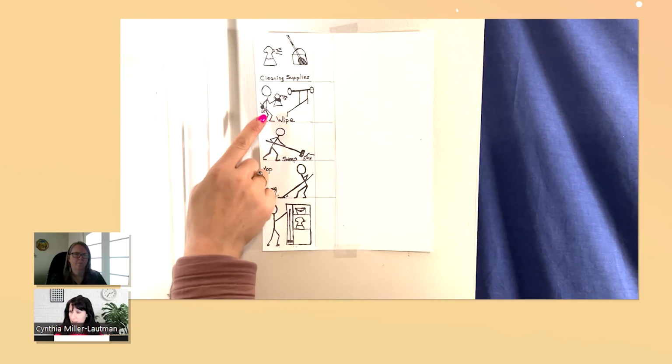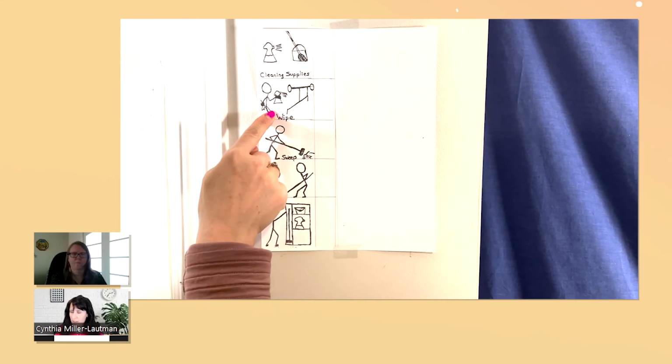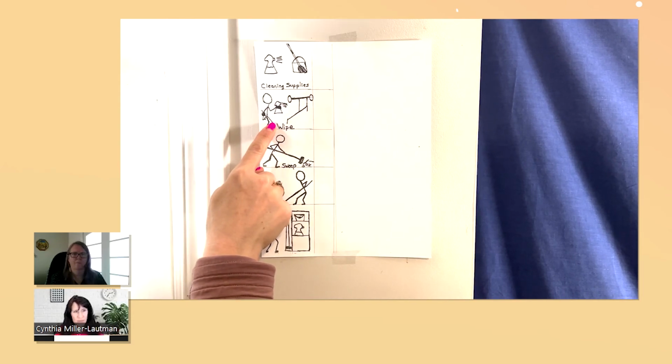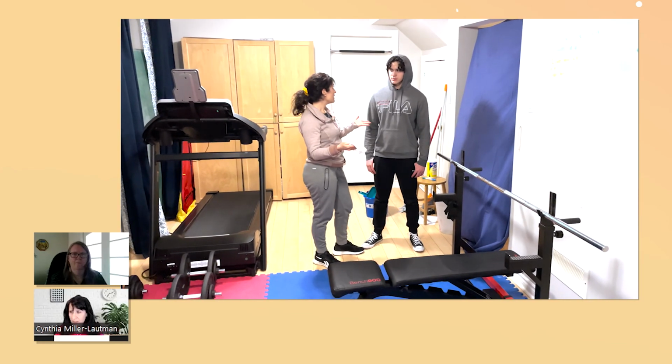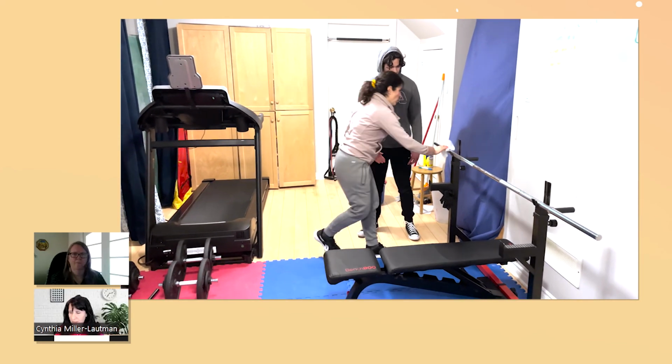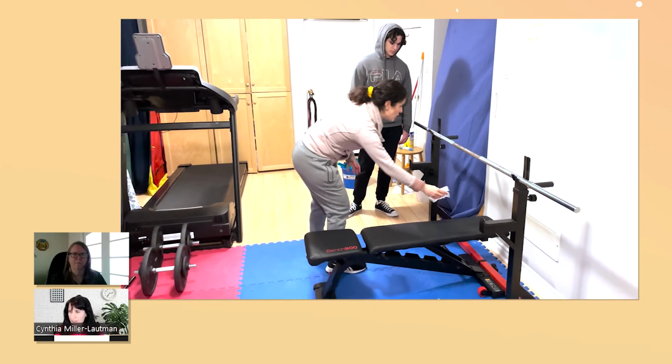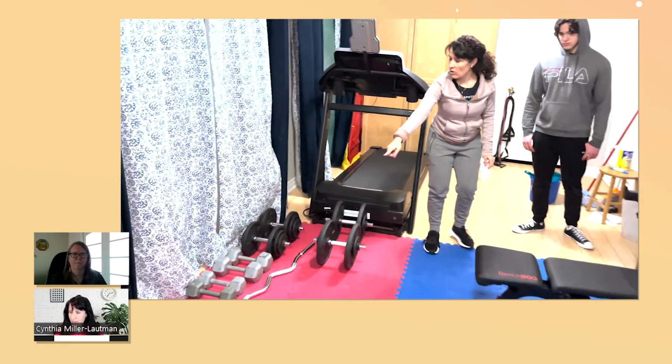The second one is you will take your cleaning supplies to wipe down all the equipment. And I'm going to show you that now. I would need you to clean anything that anybody touches. So, you know, all of these surfaces over there, the bench, all the weights down here.